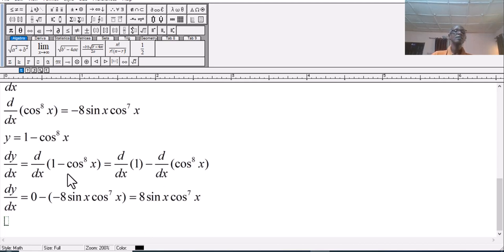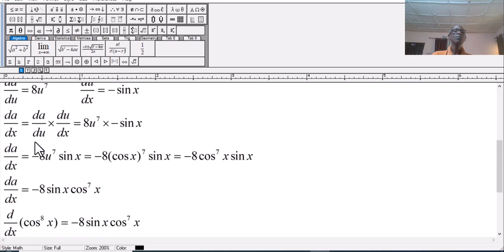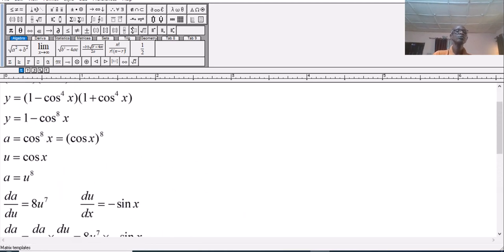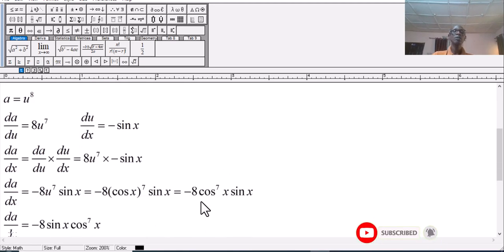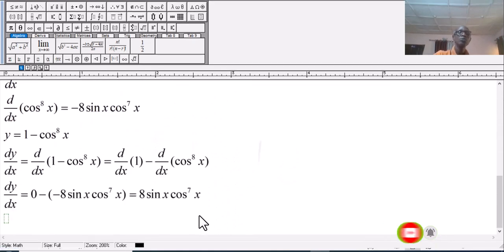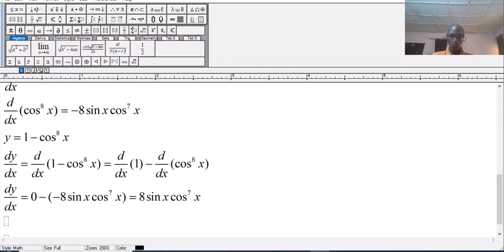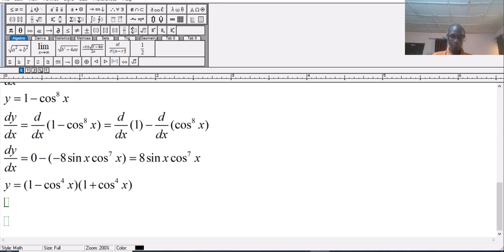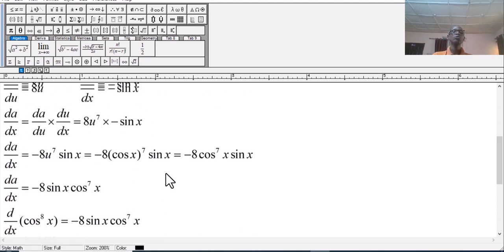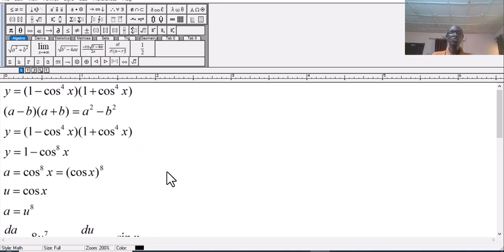So this original question we are given, our dy by dx equals that. So that's how to go about solving this question. I'm using this lengthy method to show you this so you have the basic knowledge of how to go about it.